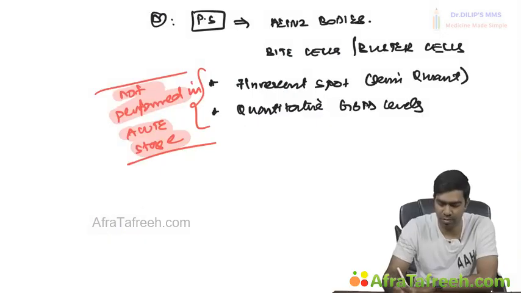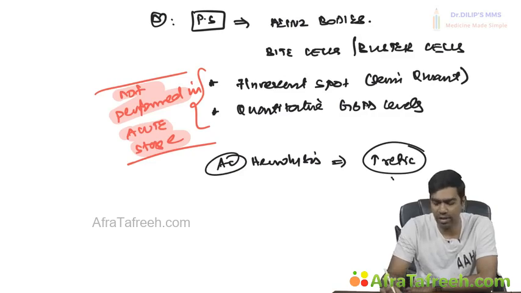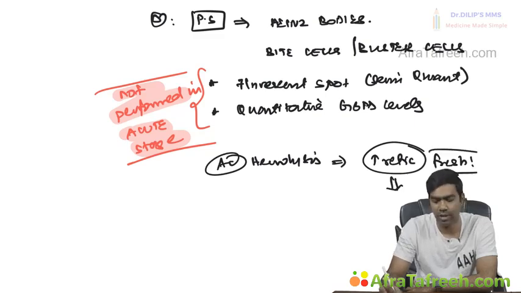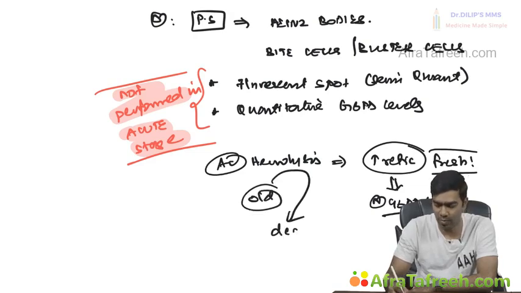Why is this very important? Because during hemolysis, definitely there will be reticulocyte production. Whenever there is acute hemolysis, there will be increased reticulocyte production. This reticulocyte is a fresh, new RBC. These fresh RBCs may have normal G6PD levels initially, and all the old RBCs have gone through hemolysis and are dead now.